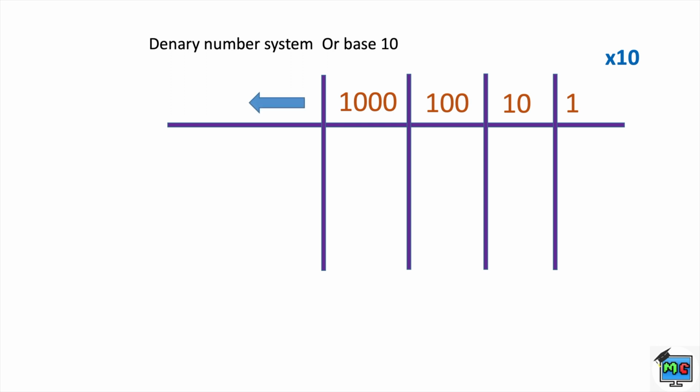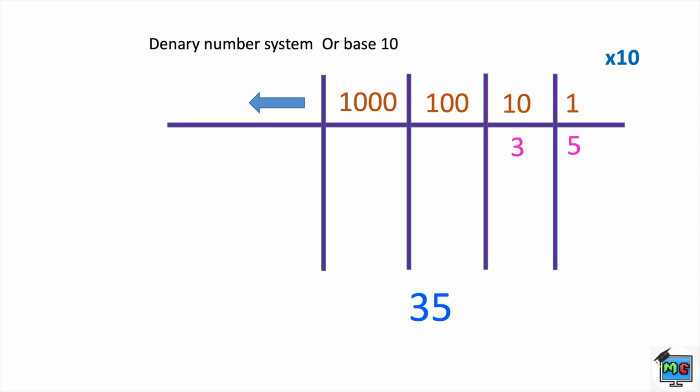Okay, so whenever we write a number, suppose we write the number 35. In reality, the reason we call this 35 is because this 3 is in the 10s column and this 5 is the units.